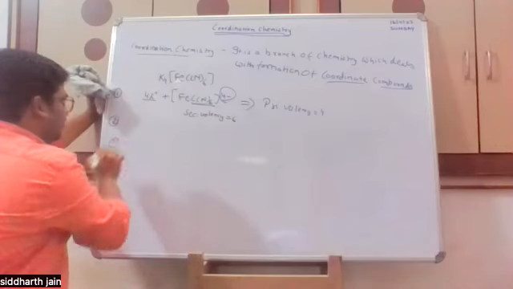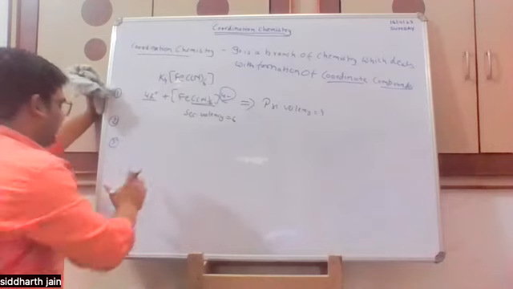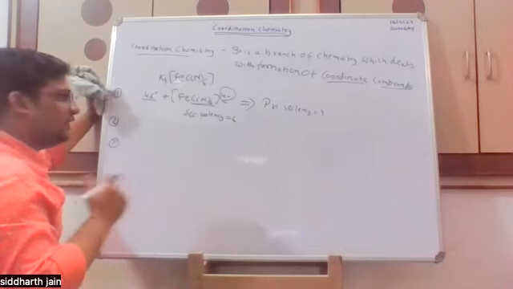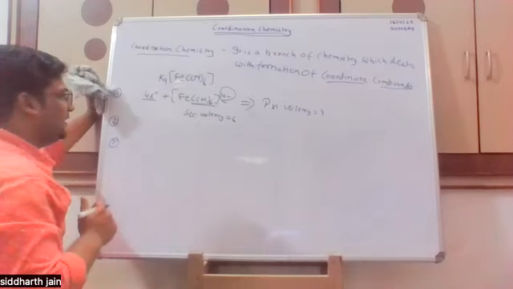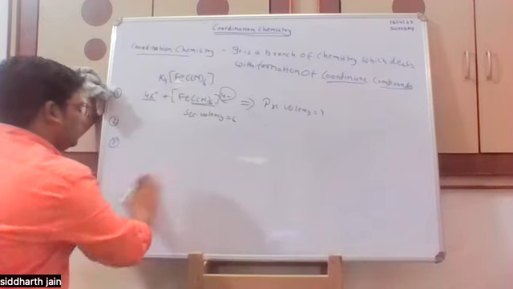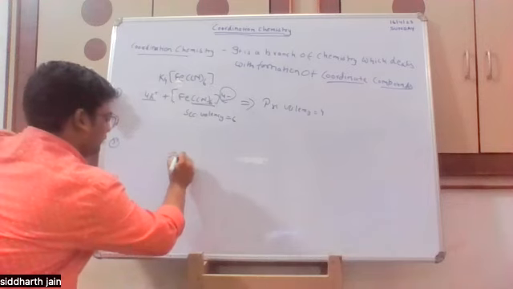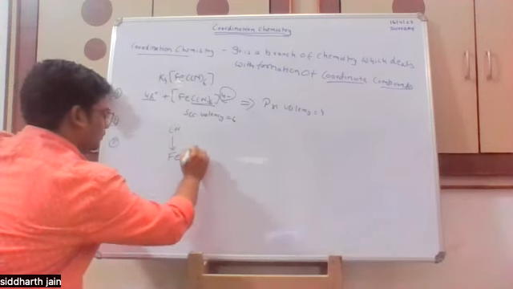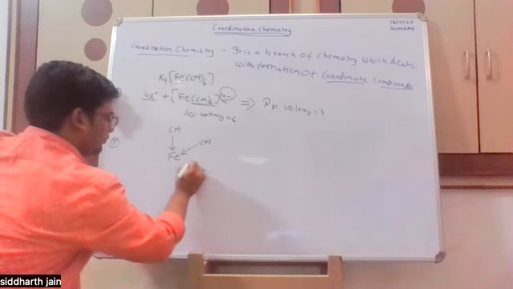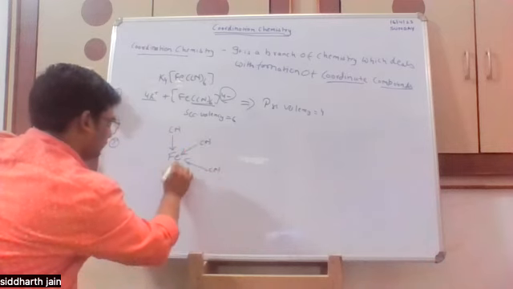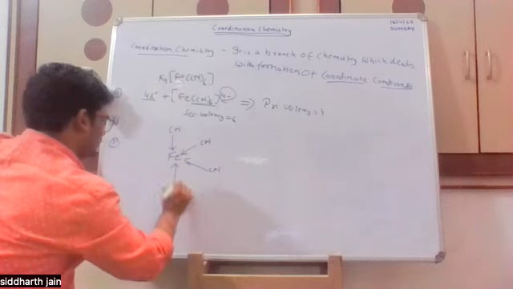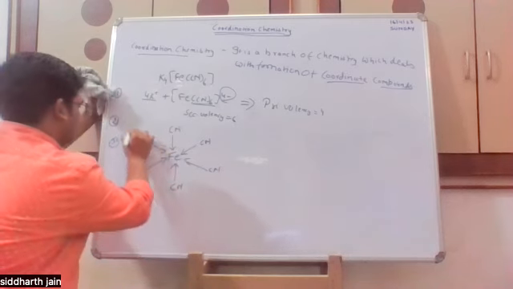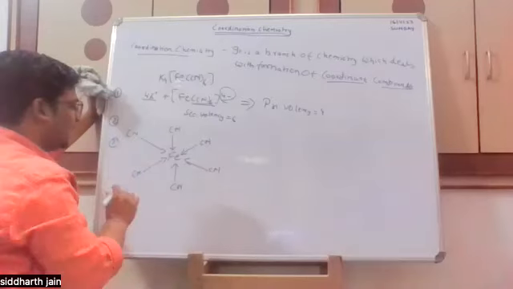The third point was that primary valencies are non-directional and secondary valencies are directional. So let's draw this complex. This is the structure of the complex.